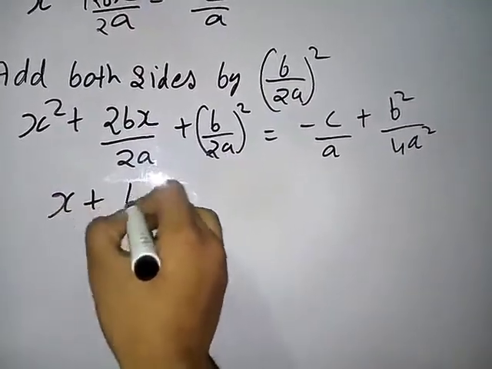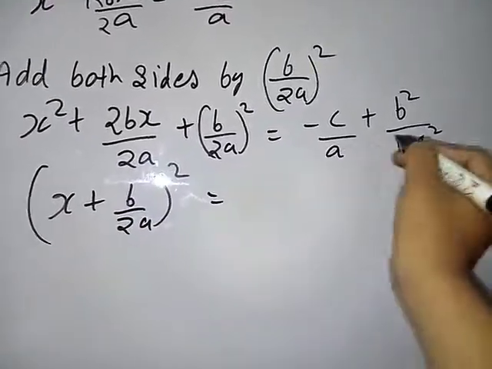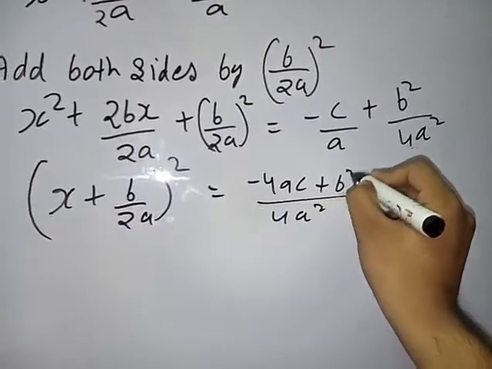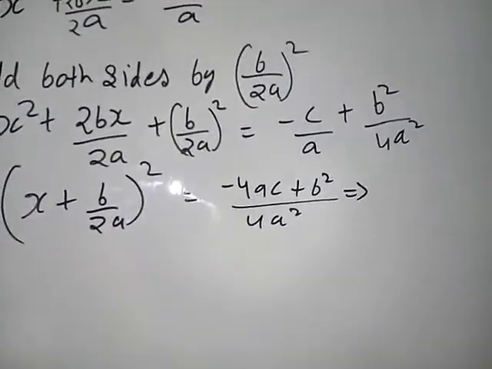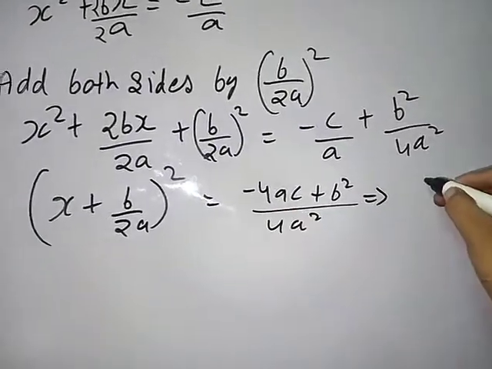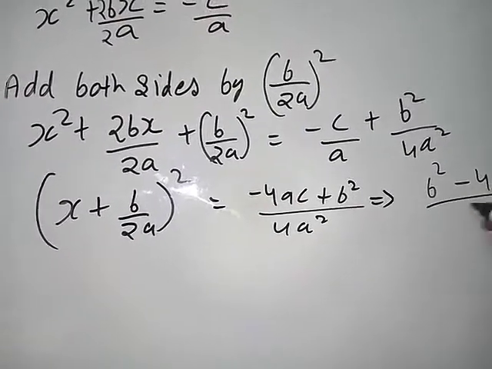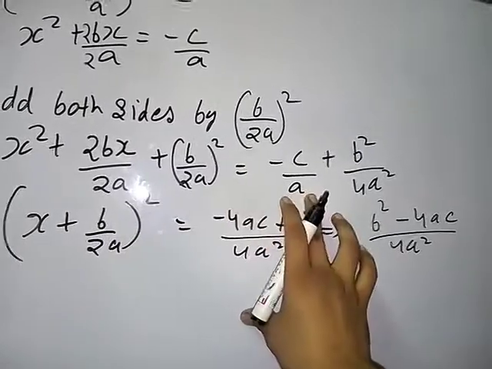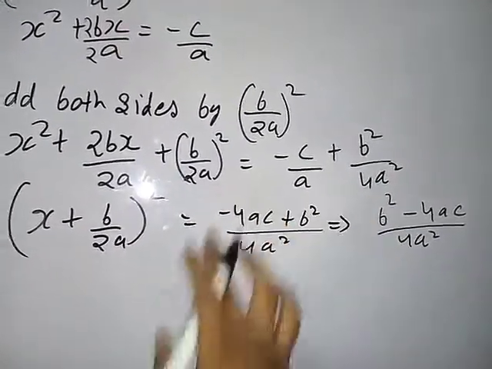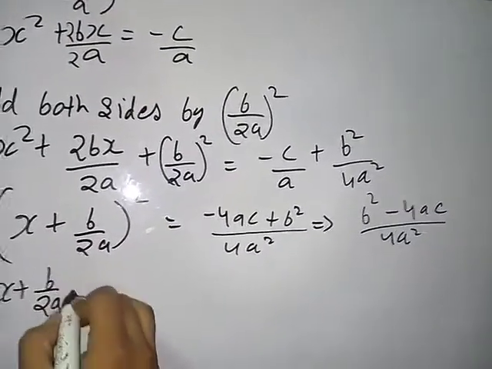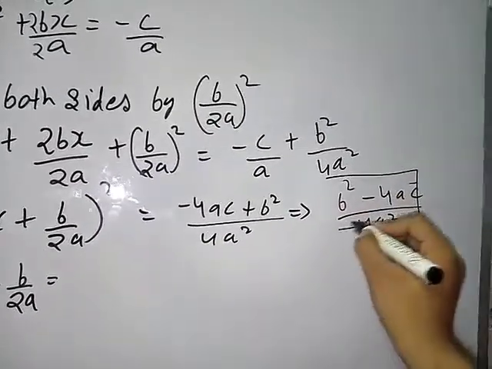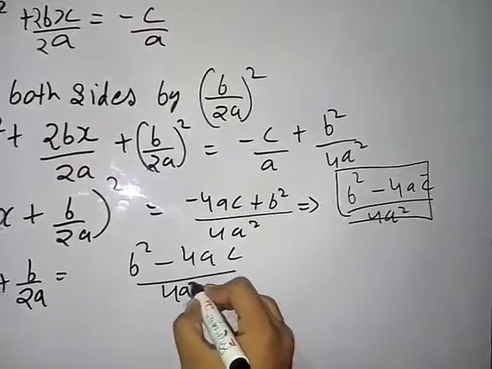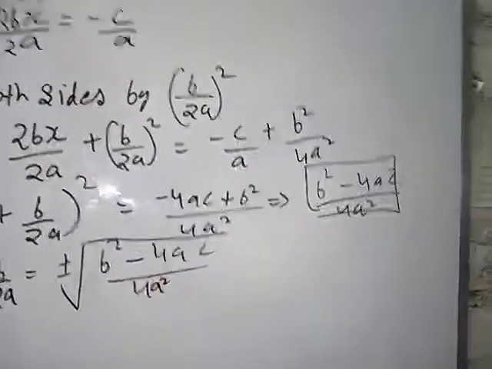So x plus b upon 2a whole square is equal to, I'm going to take LCM, b square minus 4ac upon 4a square. We can write 4a square this way also. If this square goes to the other side, then this term comes under the root. So x plus b upon 2a equal to plus minus the root of b square minus 4ac upon 4a square, as we know.